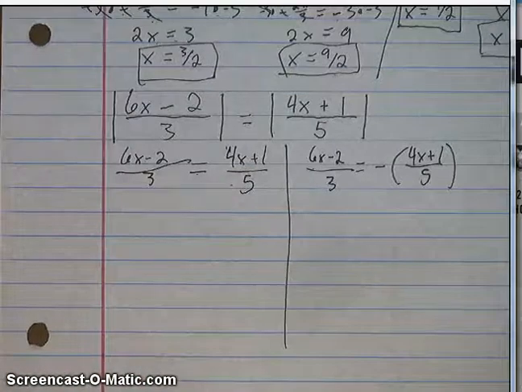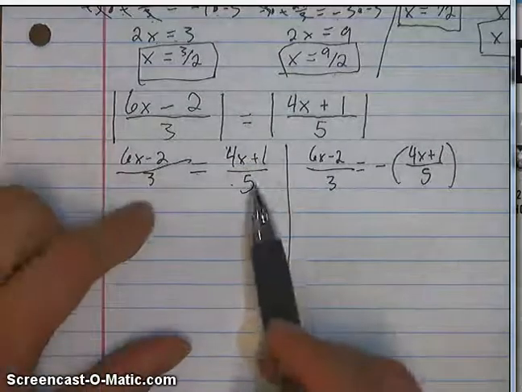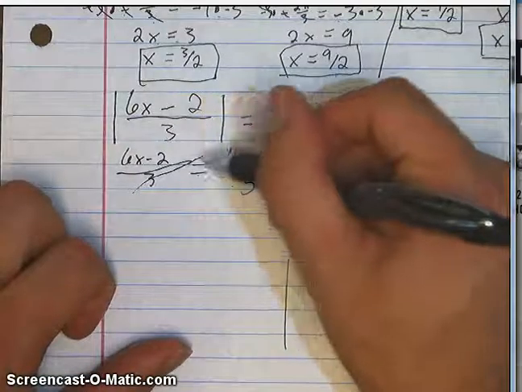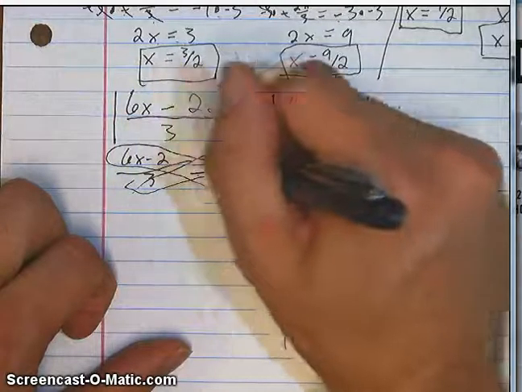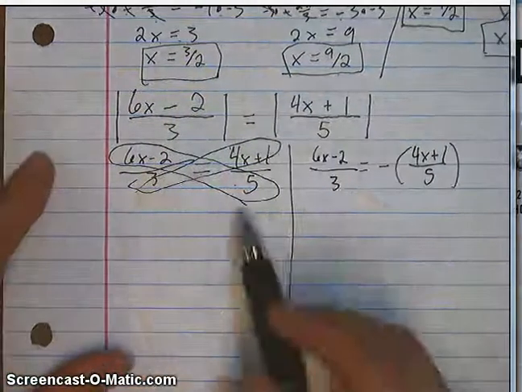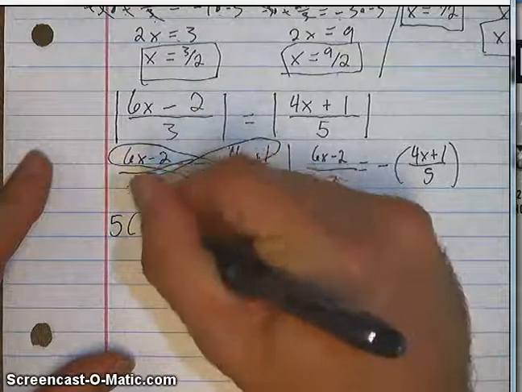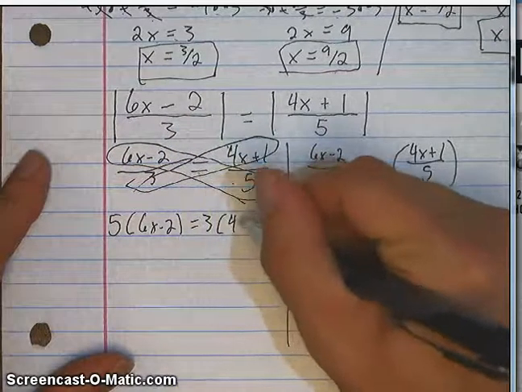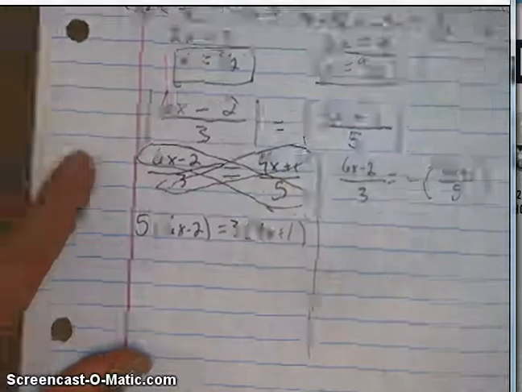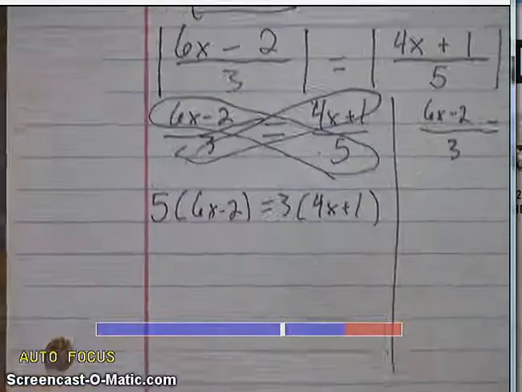So I'm just going to solve each of these individually. The easiest way to do these is simply cross multiplication. So multiplying these things together and multiplying these things together. So that'd be 5 times 6x minus 2 equals 3 times 4x plus 1. Zoom in on that so you can see it.